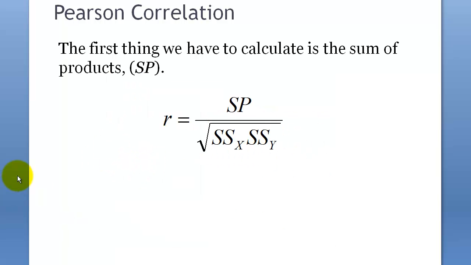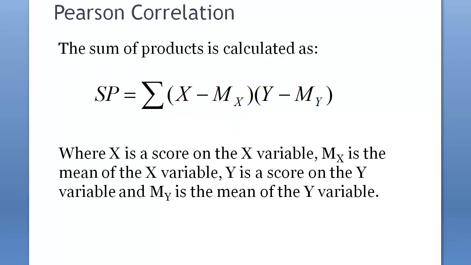But however, the question is, what is the sum of products? What is products? Sum of products is calculated like this. This is the x value minus the mean of x values, times the y value minus the mean of y values, and you sum.